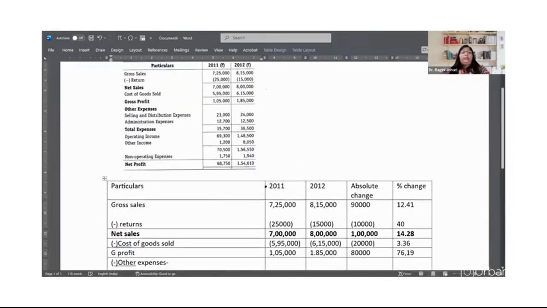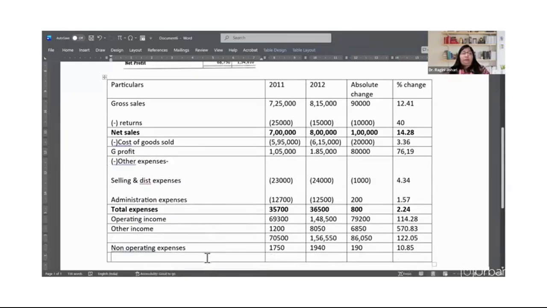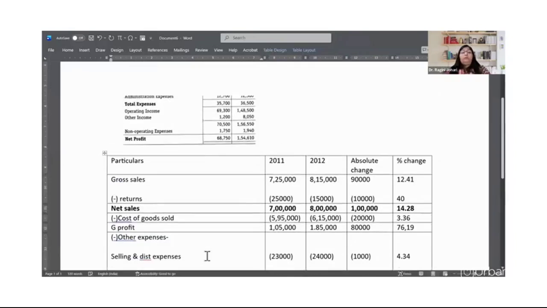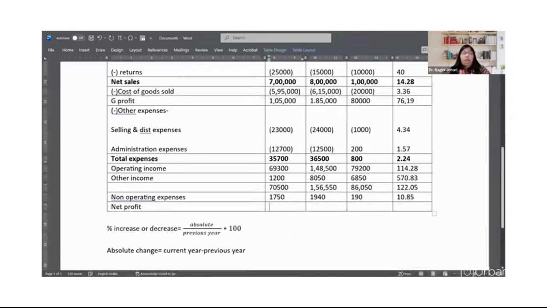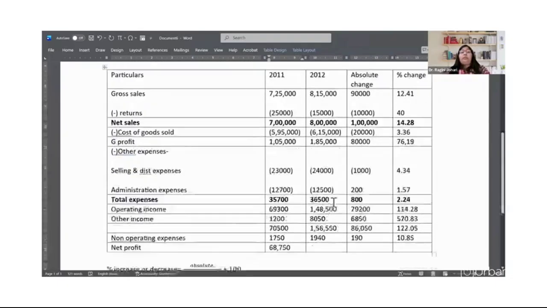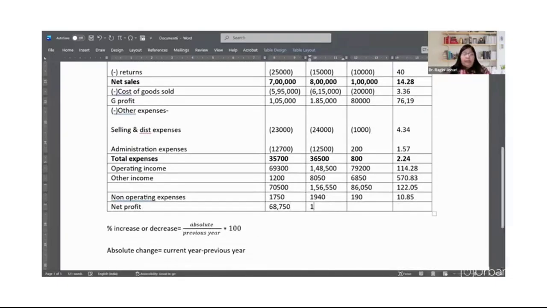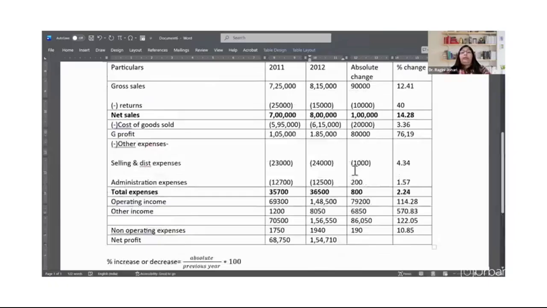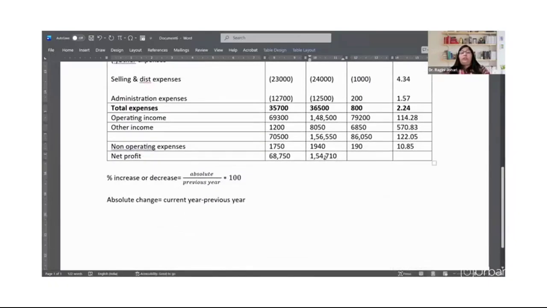Now the last leg, net profit. 68,750 and then 1,54,610. Sorry, 610, my mistake.